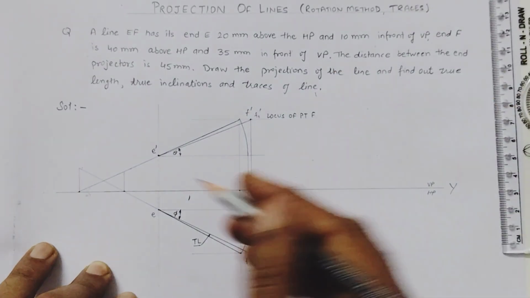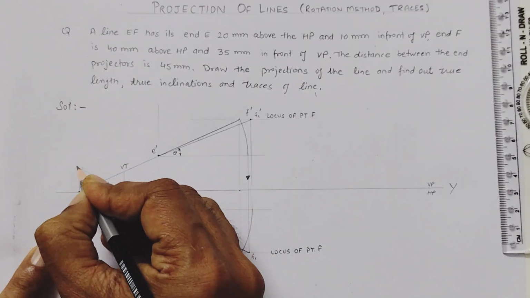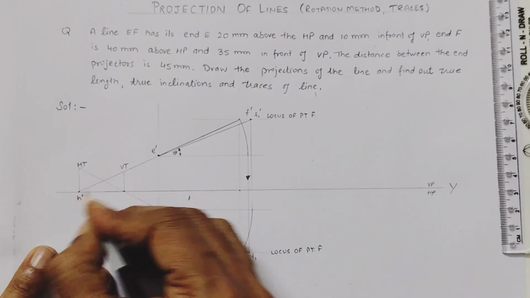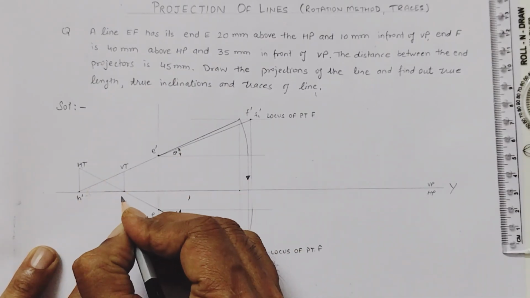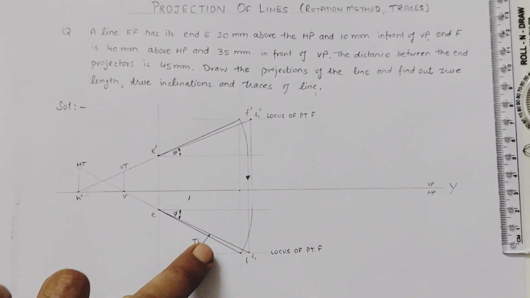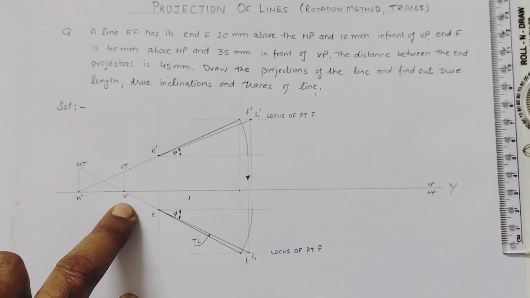Now this point is the vertical trace, here is the horizontal trace. This is the intersection of the elevation with the reference line. Similarly, the intersection of the plan with the reference line.